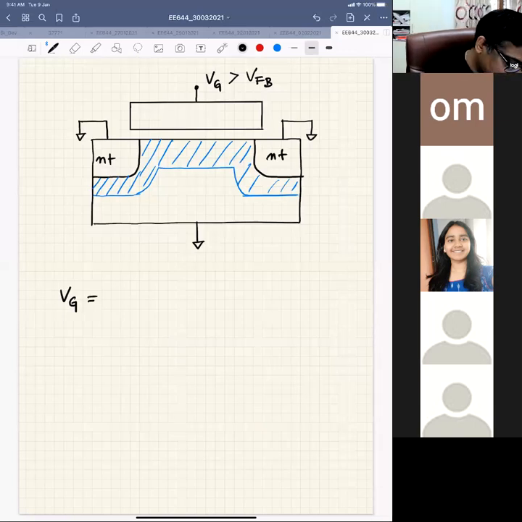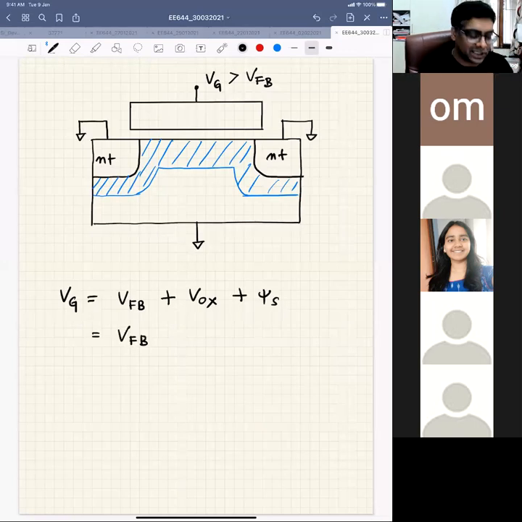If you look at VG, your gate voltage is nothing but your flat band voltage plus the drop across oxide plus the drop across silicon. When your gate voltage is between flat band voltage and threshold voltage, your Vox is nothing but your total depletion charge in the silicon divided by Cox.